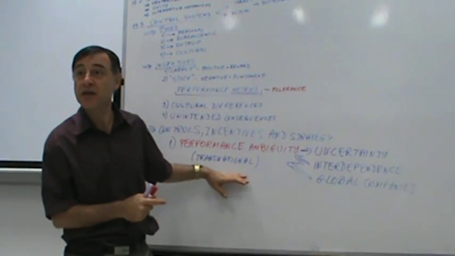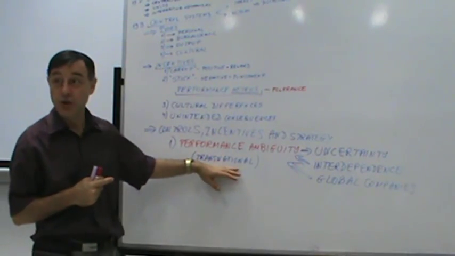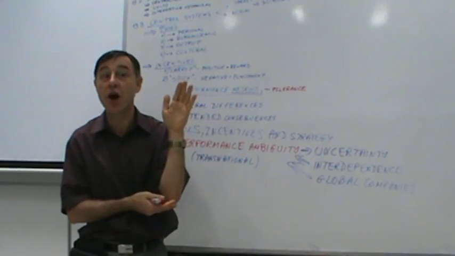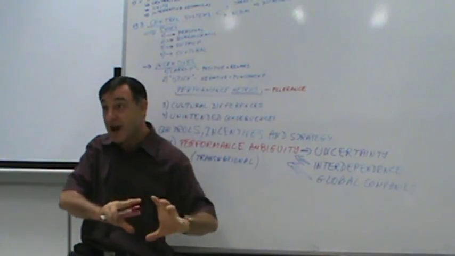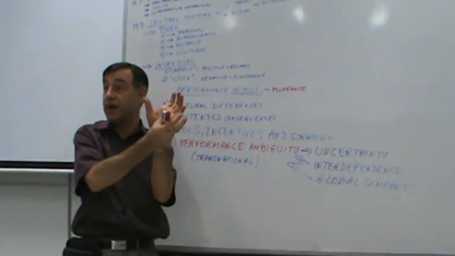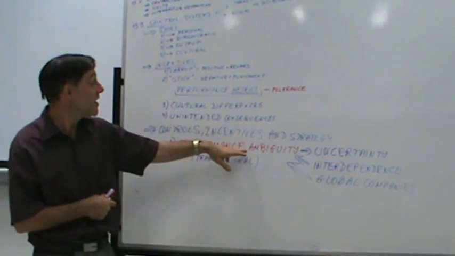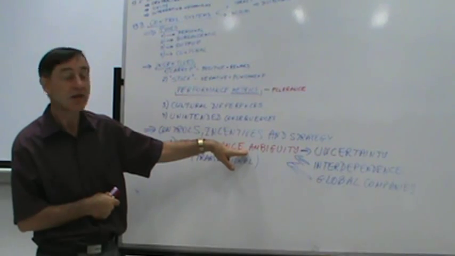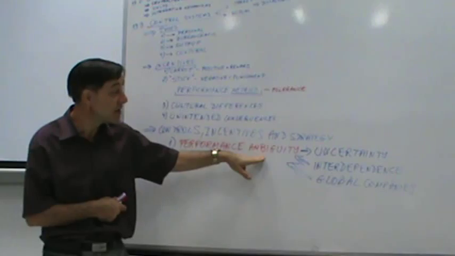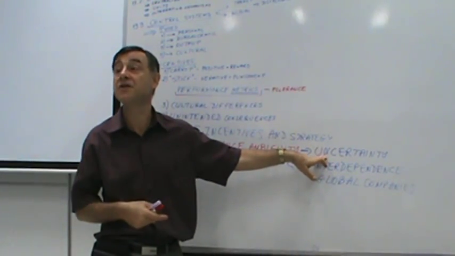And one of the reasons is not simply that you're working in a harsh economic environment where you've got localization pressures and cost pressures, but what makes it damn hard is exactly the high level of performance ambiguity, the high level of interdependence, and the high level of uncertainty.